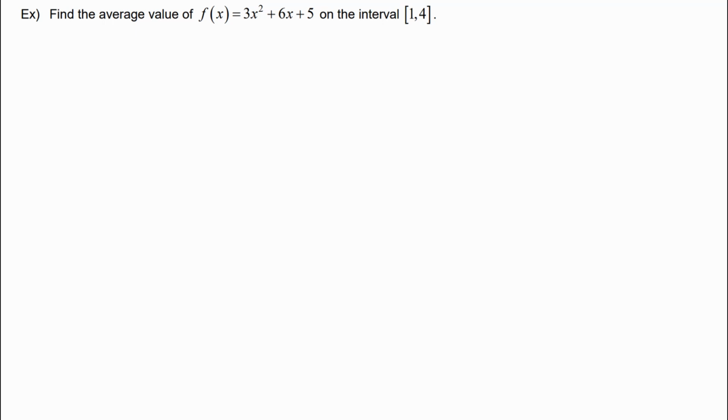Example. Find the average value of f of x equals 3x squared plus 6x plus 5 on the interval 1 to 4. All right. So what is the average value? That was the height f of c, which was equal to 1 over b minus a times the integral from a to b of f of x dx.